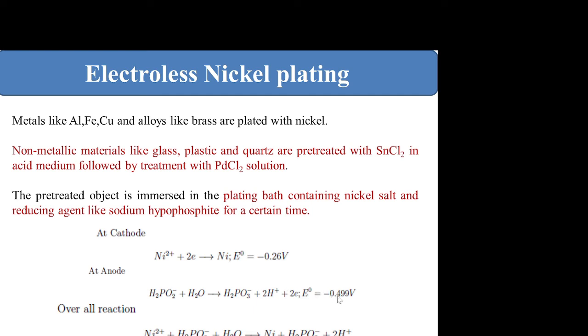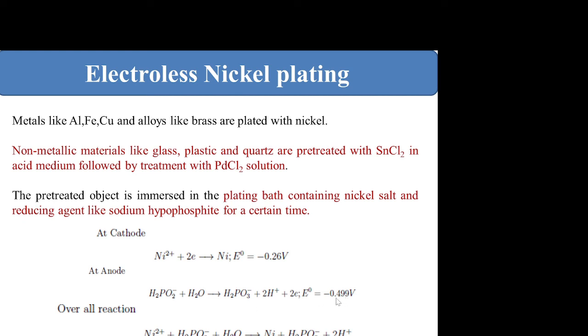The reduction potential is more negative here, minus 0.499. Only a few inorganic non-metallic species possess a negative value of reduction potential. Hypophosphite ion is one among them.